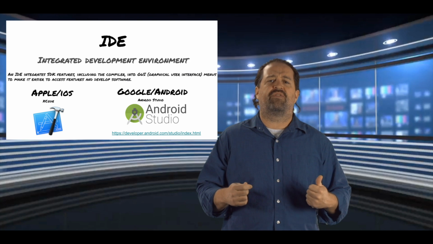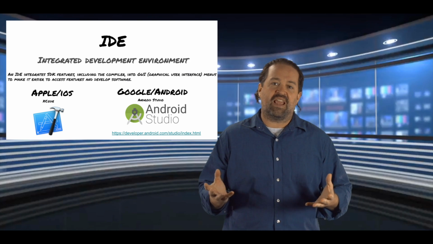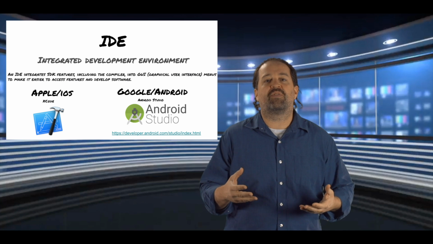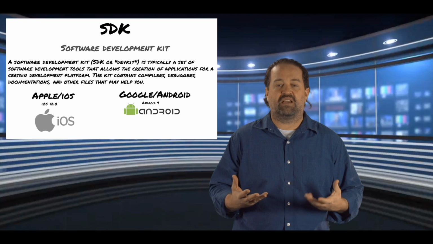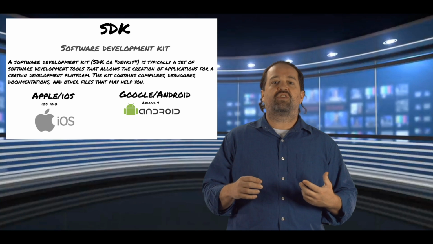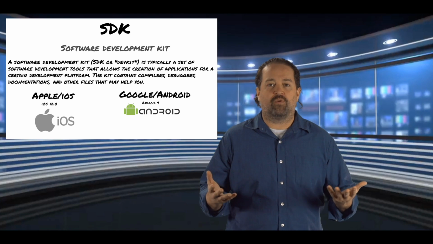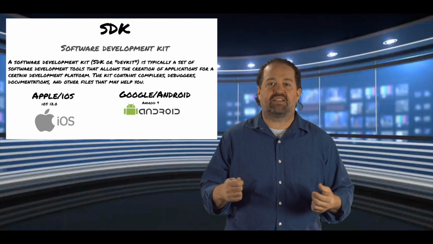Specifically, we're going to use Android Studio. And Android Studio is what's called an IDE, an integrated development environment. And inside of that is something called an SDK. So the Android Development Kit is an SDK, a software development kit. So all kinds of different platforms that you would develop for have SDKs.